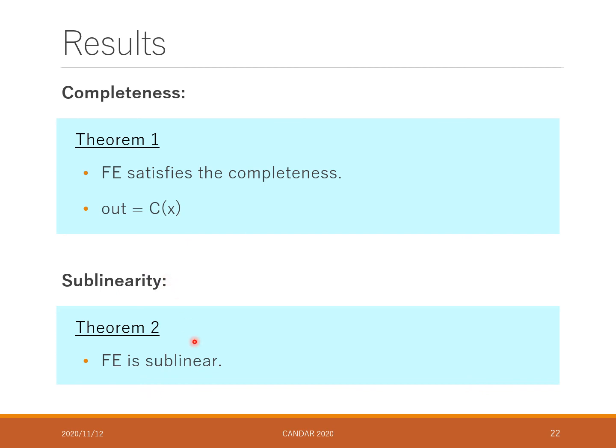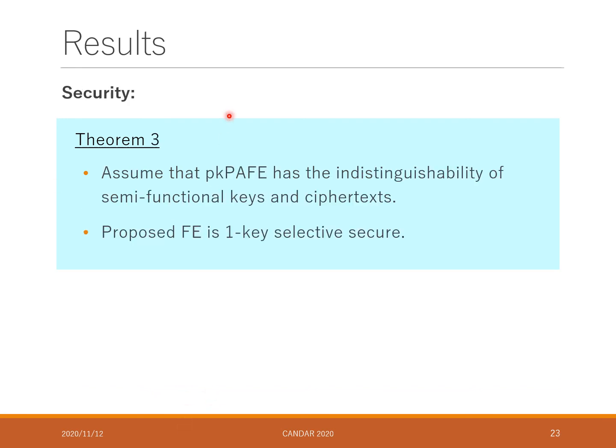Theorem 2 implies that our construction FE is sublinear. The third is the security theorem. Theorem 3 says that, assuming PKPFE has indistinguishability of semi-functional keys and ciphertext, then our proposed FE is single key selective secure.